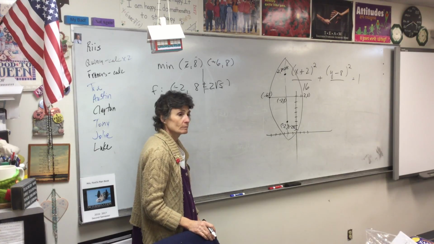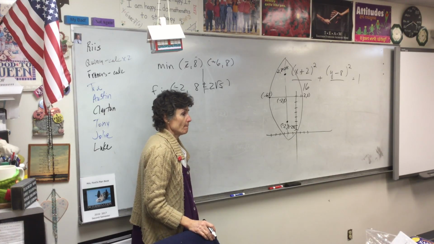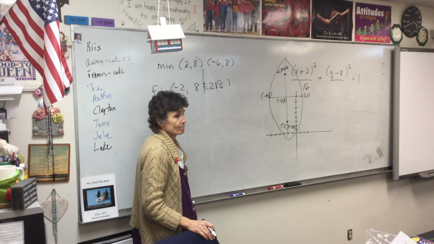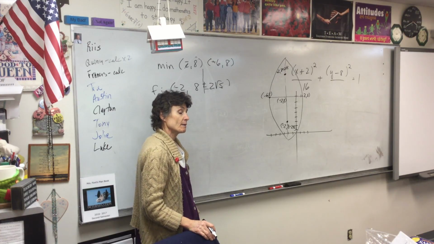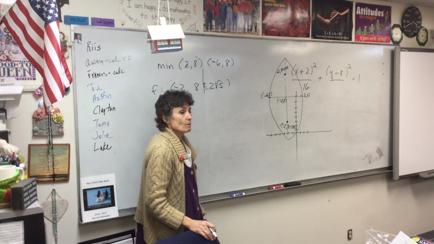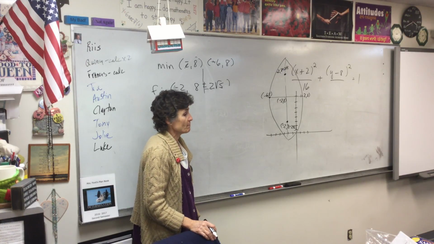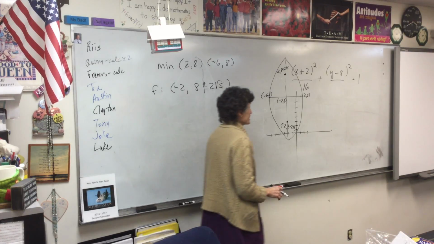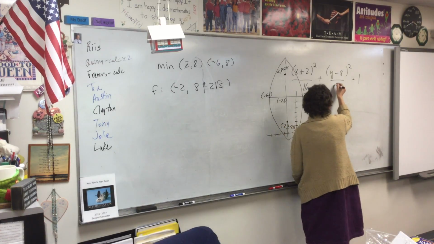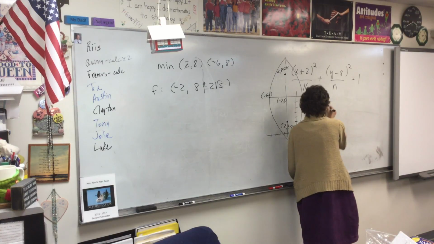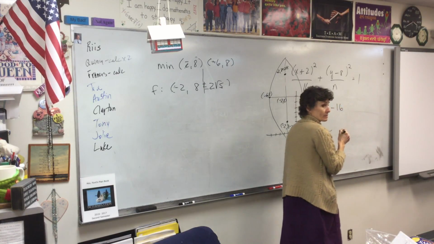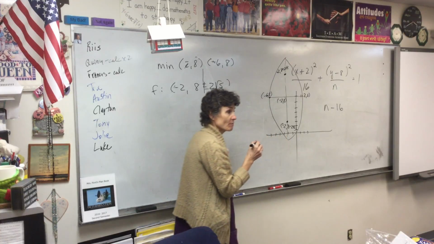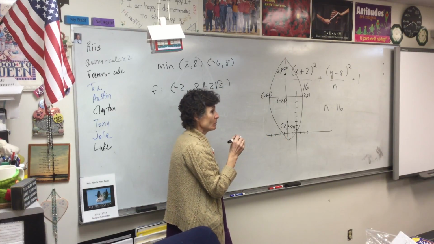Oh, that makes this fun. All right, now what? 16 minus whatever it is. Okay, we have to be really careful. Which denominator is going to be bigger? The y. So it's not going to be 16 minus whatever. It's going to be whatever minus 16. Does that make sense to everybody? It's always the big one minus the little one.